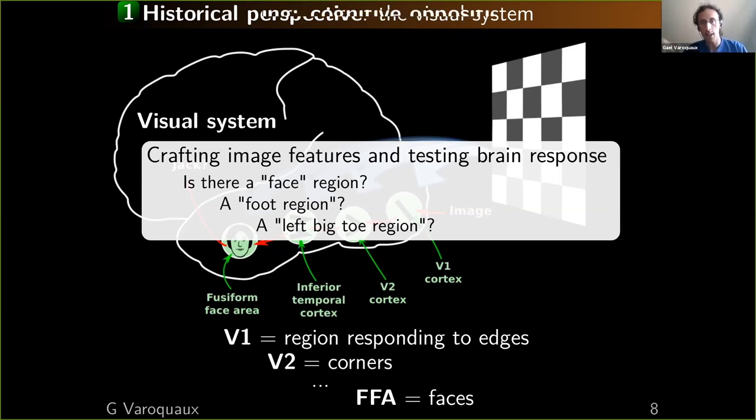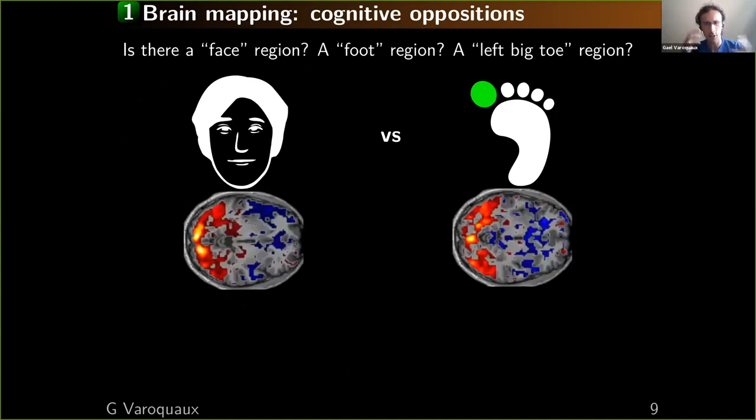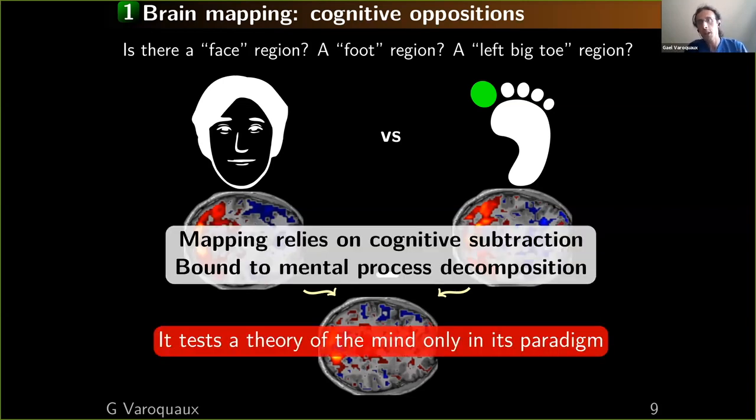And so if I want to do this, I'll build an experiment and I will craft stimuli to reveal the left big toe region, and I will acquire lots of data, because I want statistical power, and then I'll do a contrast, I'll oppose this, and most chances is I will find a difference. Why will I find a difference? Because you can never balance everything. And then I'll publish this, and maybe I won't be able to publish this in a good journal because there's no real psychological theory of the left big toe region.